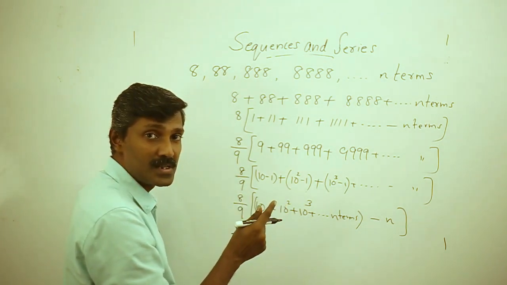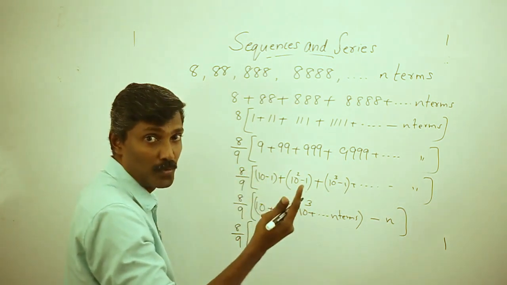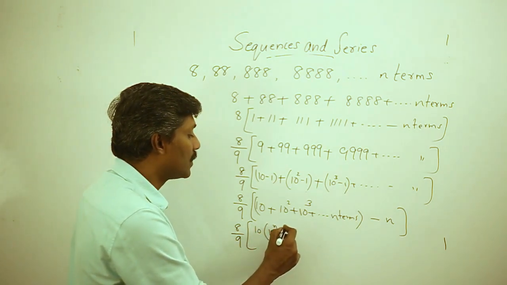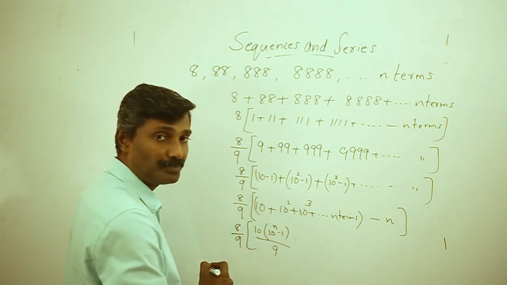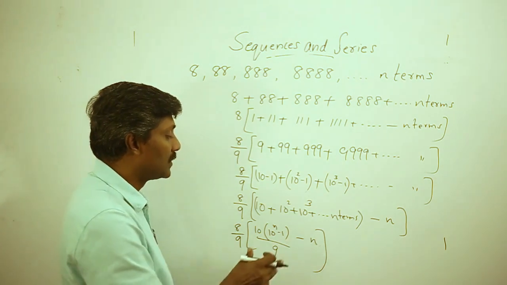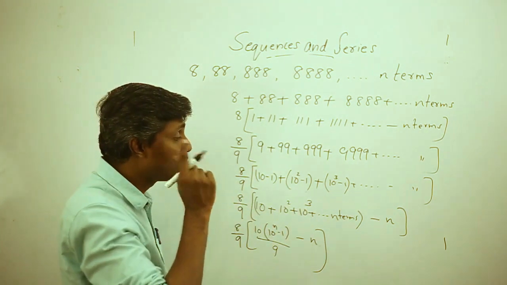The sum of n terms is a into r raised to n minus 1 by r minus 1. Here a and r both are 10. So this is 10 into 10 raised to n minus 1 by 10 minus 1, which is 9, minus n.